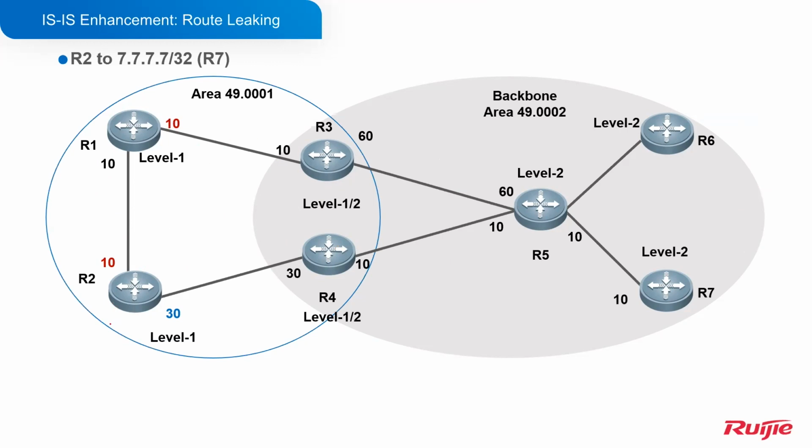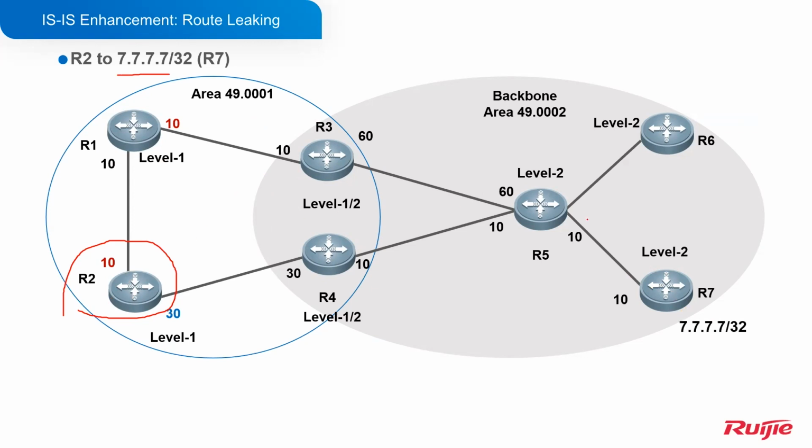Now router 2, if it wants to visit the destination 7.7.7.7, which is located on router 7, right? Because router 2 is a level 1 router, by default, it only knows the detailed information about area 001.